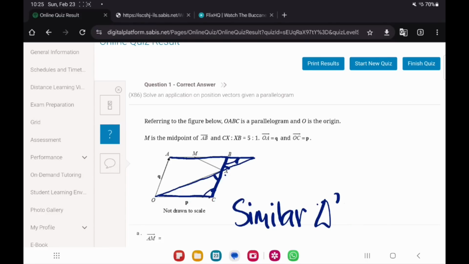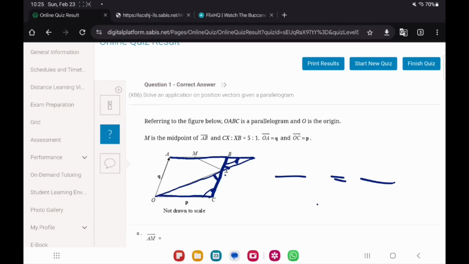So now that we know they're similar triangles, we can make a scale. It's not really a scale, but it's kind of like a scale. You'll get what I mean. So we know this is F, by the way, I forgot. So we know that CX over CB is equal to OX over OF, because we want to find OF.